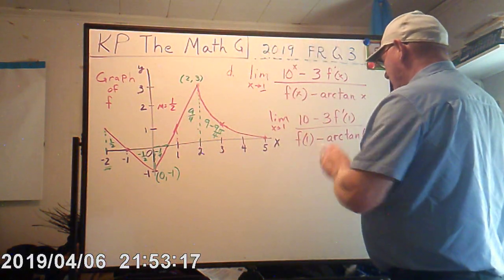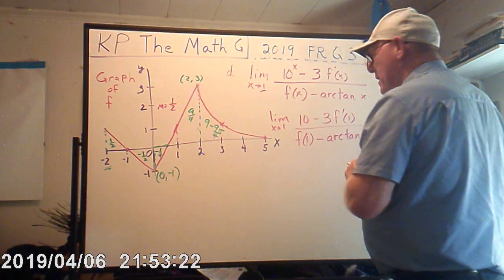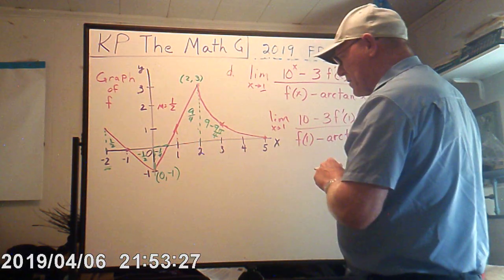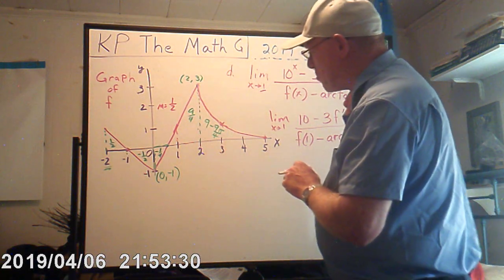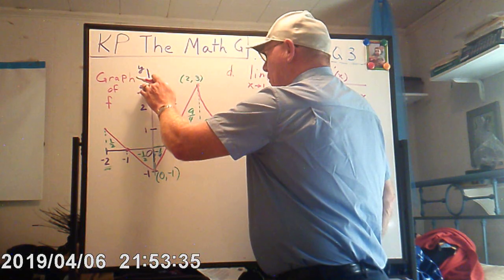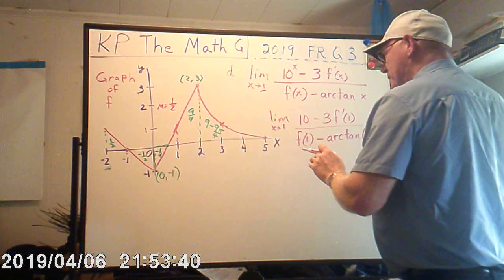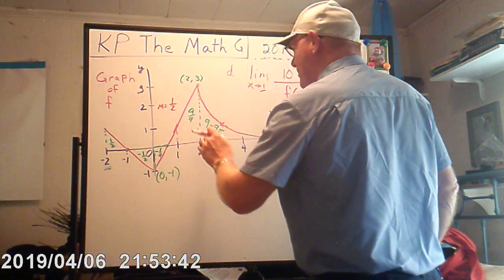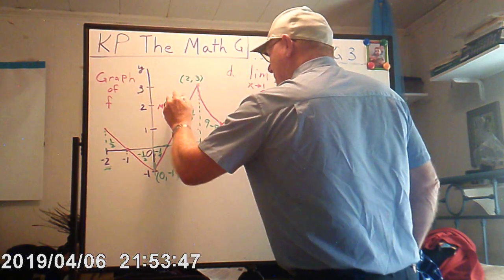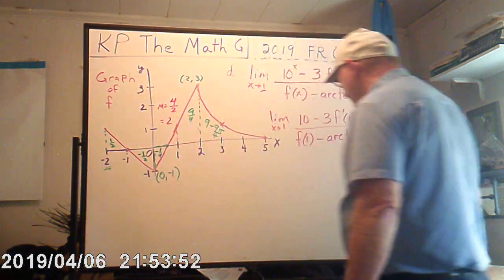So F prime at 1 is, I want to say, 1/2. Yeah, I think so. So 1, 2, 3, 4, and then 1, 2. Oh, it's 4 over 2. My bad. It's not 1/2. It's 4 over 2, which is 2. I knew something didn't look right.